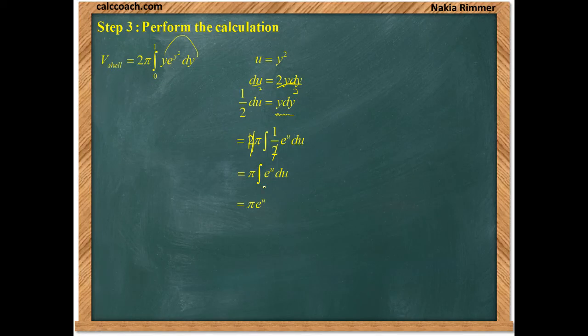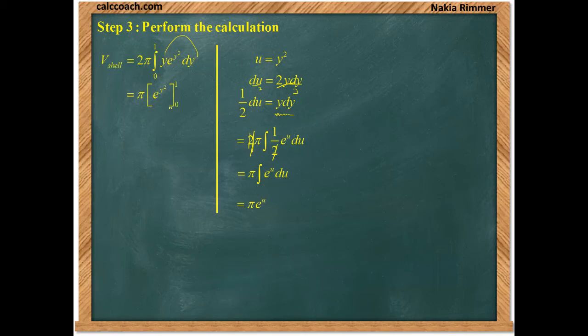So we're ready to go back into our original problem with the y's and plug in 0 and 1. It just so happens that if you were to plug in 0 and 1 here, you'd actually get the right answer, but technically you'd have to do a limit switch if you're going to do that.